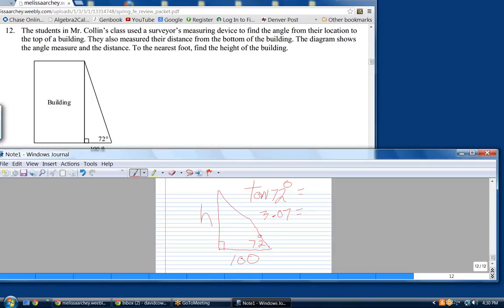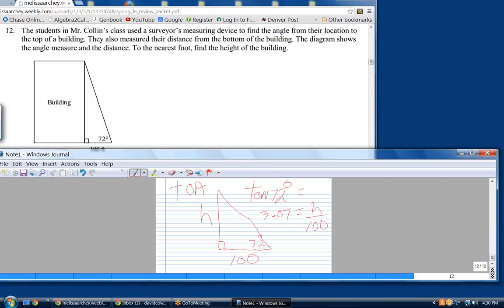SOHCAHTOA. What does the TOA stand for? Opposite over adjacent. So what's opposite to 72? H. So it's H over 100.